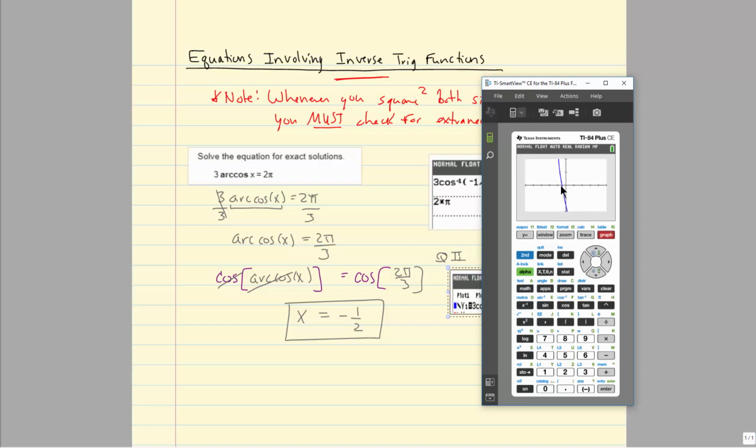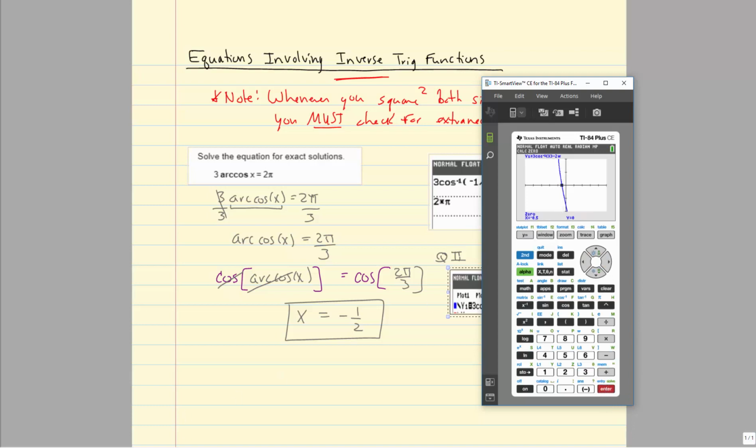What I don't know is if it's exactly at -1/2 or not, so I need to find the decimal approximation. I'll go to second calc, right above the trace button, to 0, the second option, because I want to know the 0 of the function, left bound. The 0 of the function means the root or the solution. Right bound.